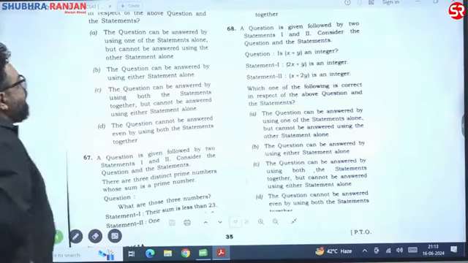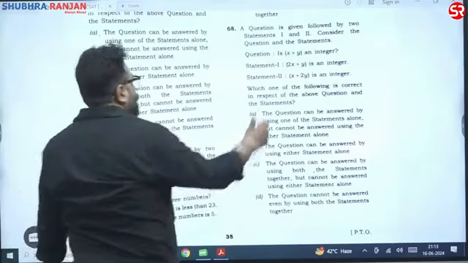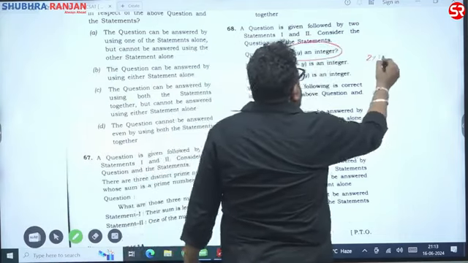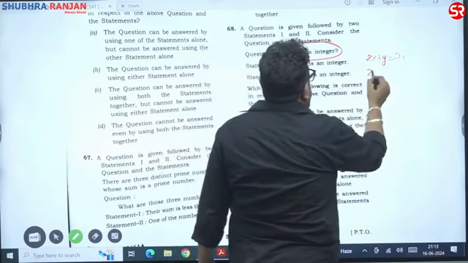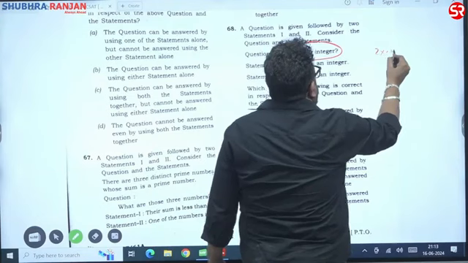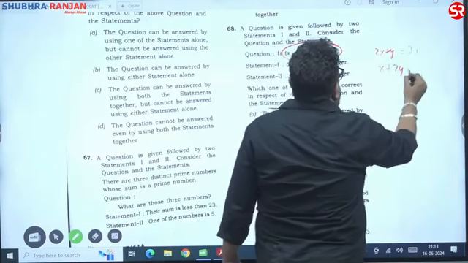Then again, the question is: is x plus y an integer? He says 2x plus y is an integer. And the second: 2x plus y is an integer and x plus 2y is again an integer.